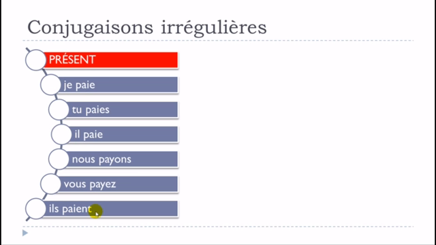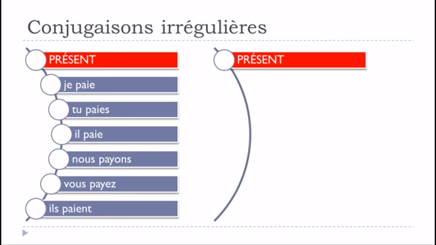Okay, so that's the way it should be done, and that's the way I was taught when I was young. But the good news is that you've got another option for this payer group or AY group, because it is now allowed to write these verbs like that as well. It's good news because it means it is possible to write them like you should write them, because they belong to the first group of verbs.